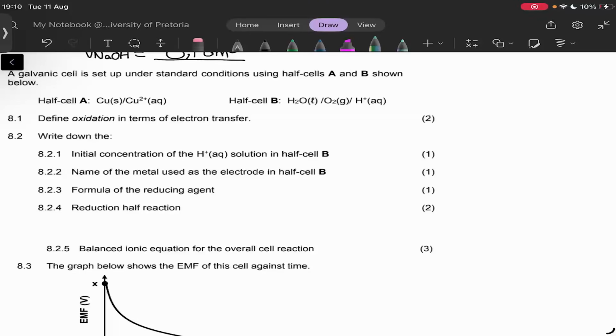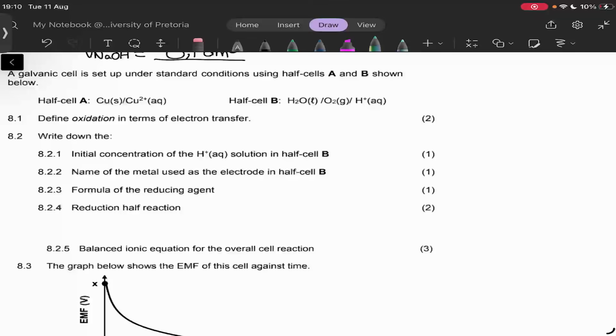What are the standard conditions of a galvanic cell? Let me ask that first. Yes, the answers are coming in.